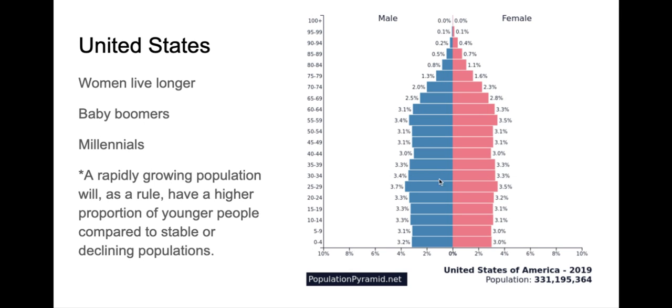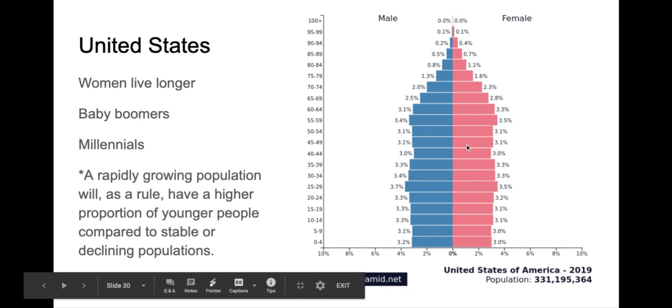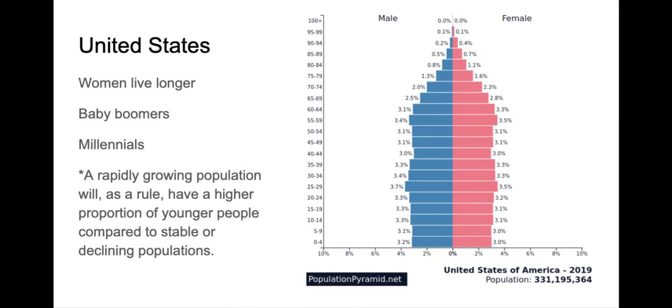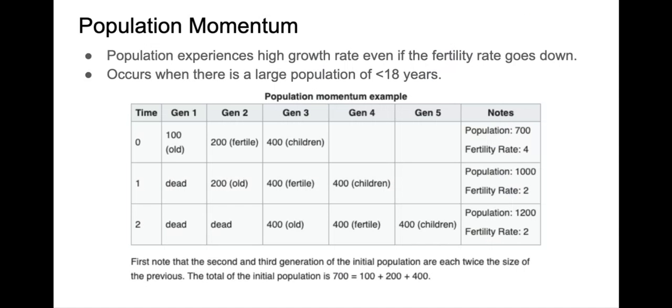So not a lot of babies. You can see that there are no baby boomers for the millennials over here. So again, from an age diagram, you can determine different factors about a population. If we have a population that's growing very rapidly, we're going to have a lot of younger people compared to a population that is more stable, or a population that is declining.